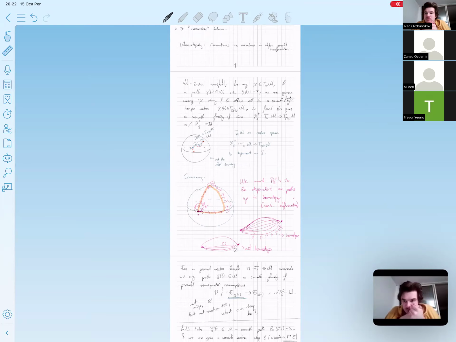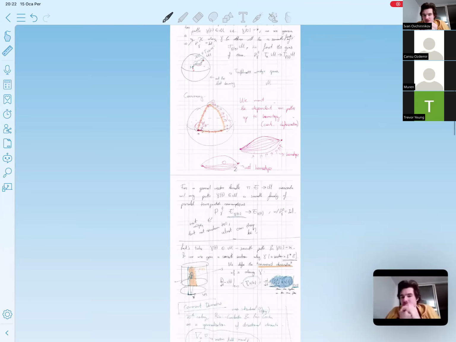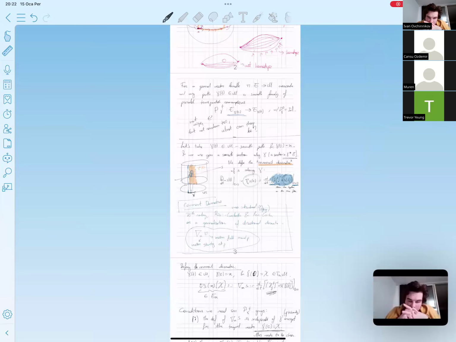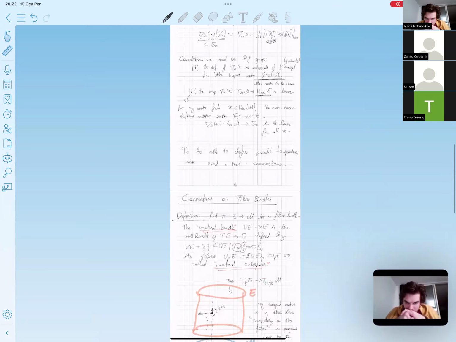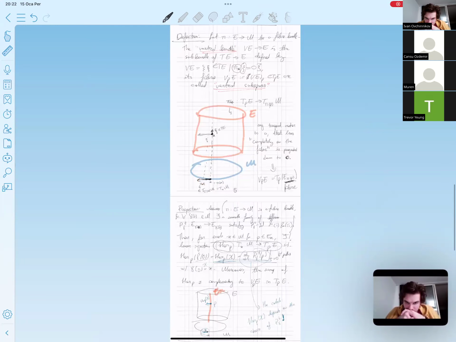So we first decided what conditions we want on parallel transport, and what properties it would have.